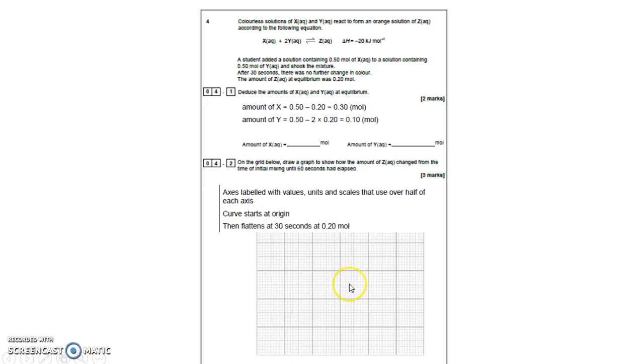It's got to be large enough to cover at least half the graph. The line starts at 0 because there's none of Z made at no time, but as the time goes on, maybe about halfway through, it might start to flatten off, and it ends up at 0.2 moles on this axis, where the number of moles of Z that are made ends up as 0.2, and it'll flatten out at 0.2 because it tells you 0.2 of Z is made.